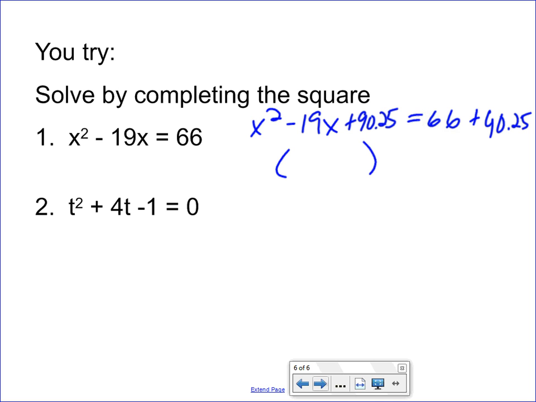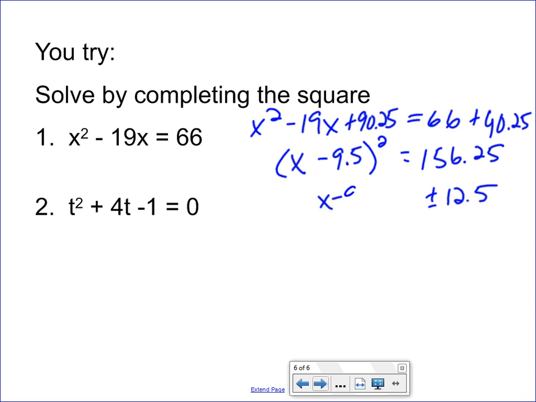So when I get my result, this would be (x minus 9.5) squared equals 156.25. And then if I take the square root of 156.25, the square root of that is 12.5, so it's positive or negative 12.5.